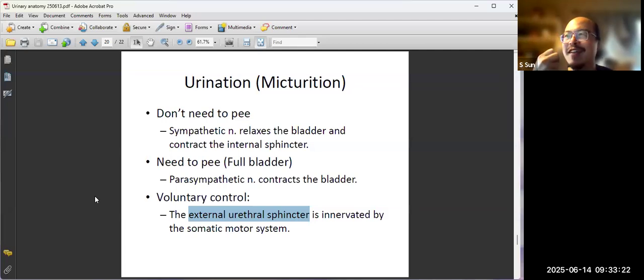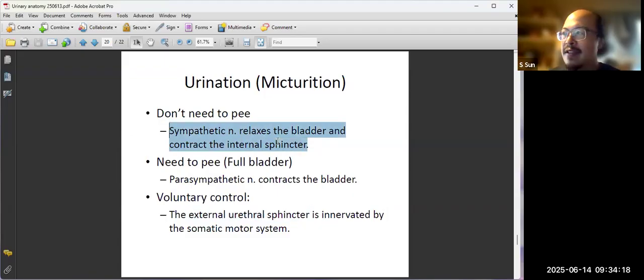Sorry, my terminology. Parasympathetic contracts the bladder, the sympathetic contracts the internal sphincter, and your mental control contracts the external sphincter.